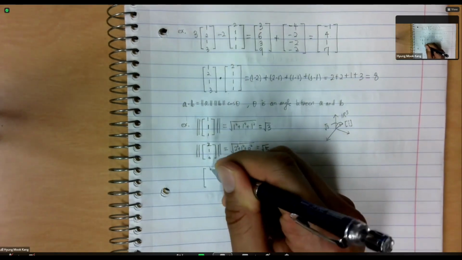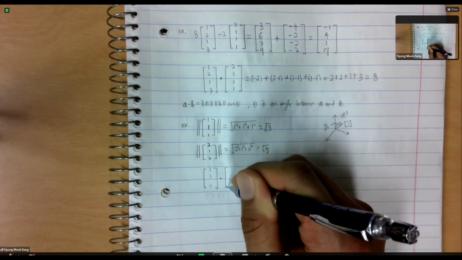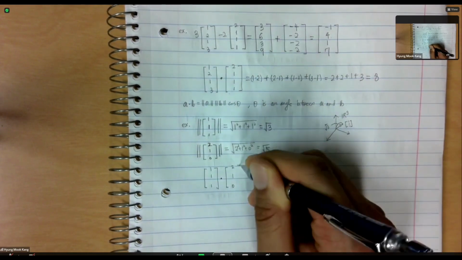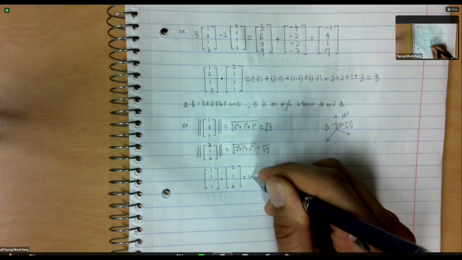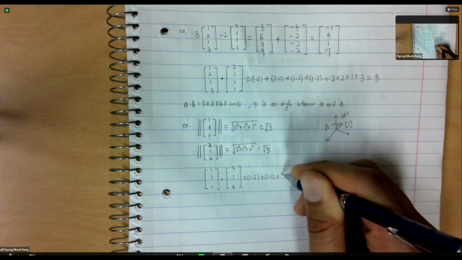So our inner product of 1, 1, 1 with 2, 1, 0 is 1 times 2 plus 1 times 1 plus 1 times 0.